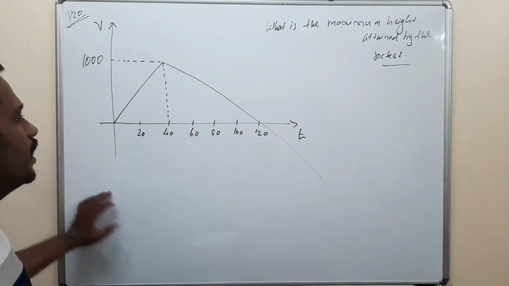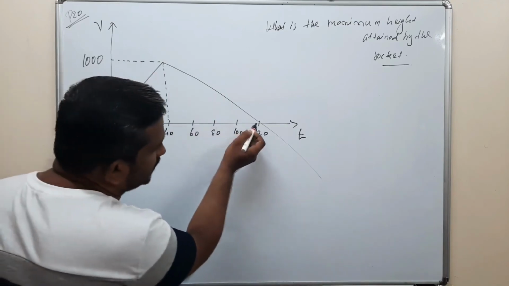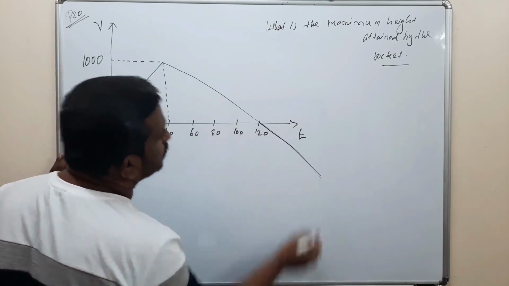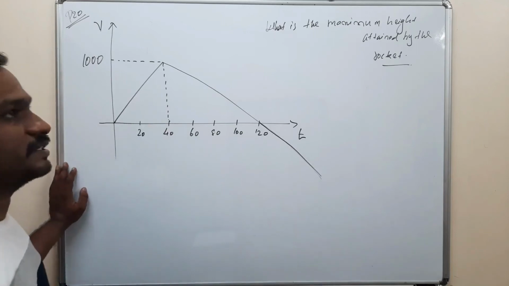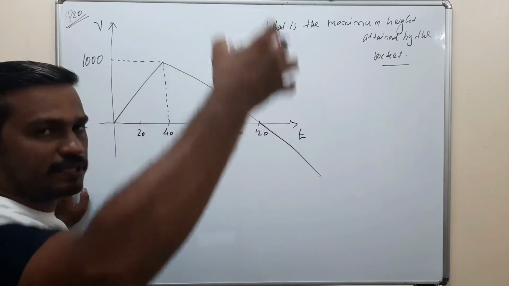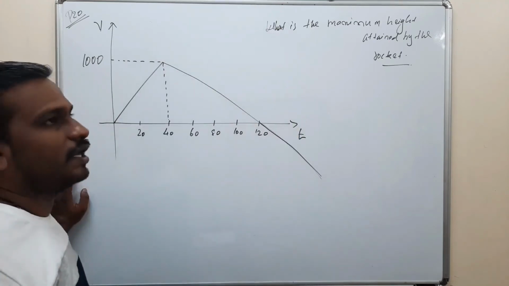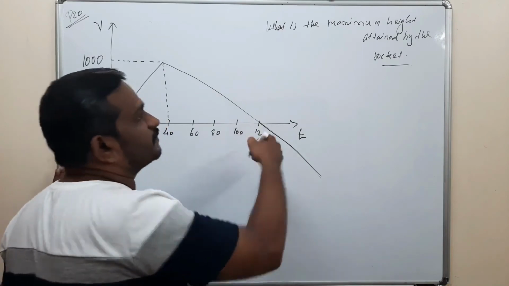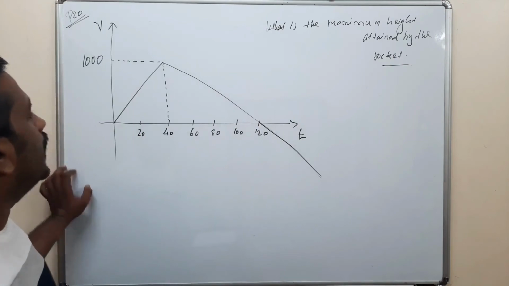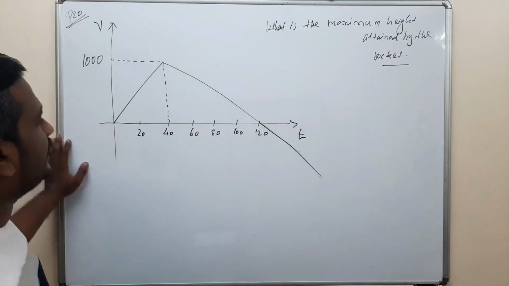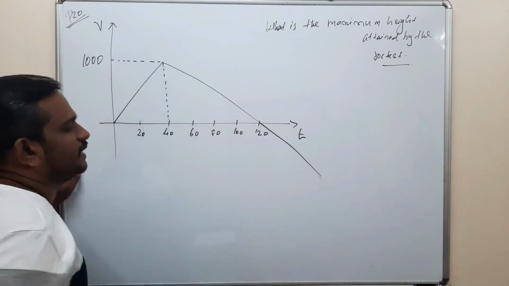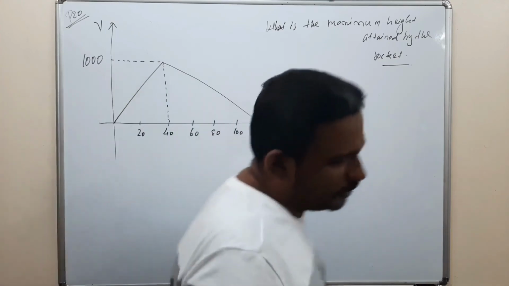From 120 onwards, the velocity goes in the negative direction. That is, at t equals 120 seconds the rocket starts coming down. Up to 120 seconds the rocket goes in the upward direction. So the area under this velocity time curve gives the maximum height attained by the rocket.